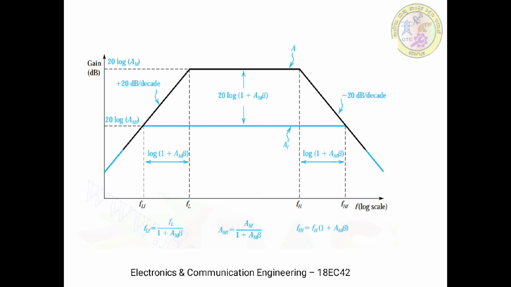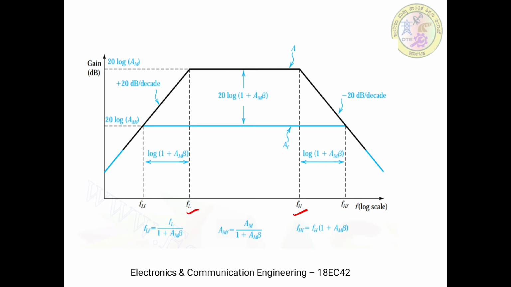Here, through this frequency response diagram, we are trying to represent the bandwidth extension effect of the feedback amplifier. This we know, the frequency response of the amplifier. The terms are as usual, FL and FH are there.